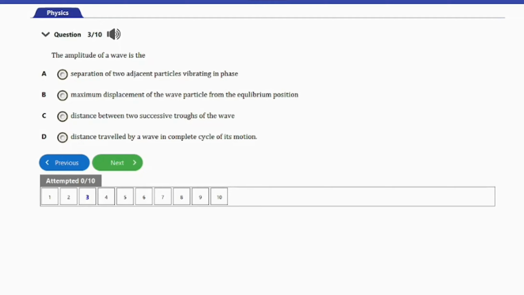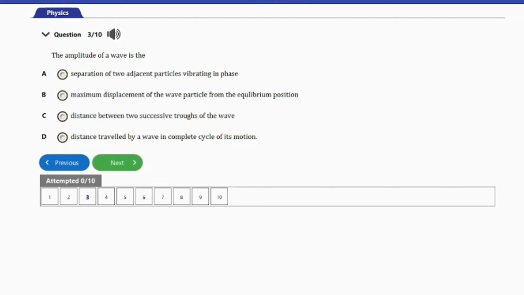So guys, the next question we have here is question number 3. It says, the amplitude of a wave is the A, separation of two adjacent particles vibrating in phase, B, maximum displacement of the wave particle from the equilibrium position, C, distance between two successive troughs of the wave, and D, distance traveled by a wave in a complete cycle of its motion.